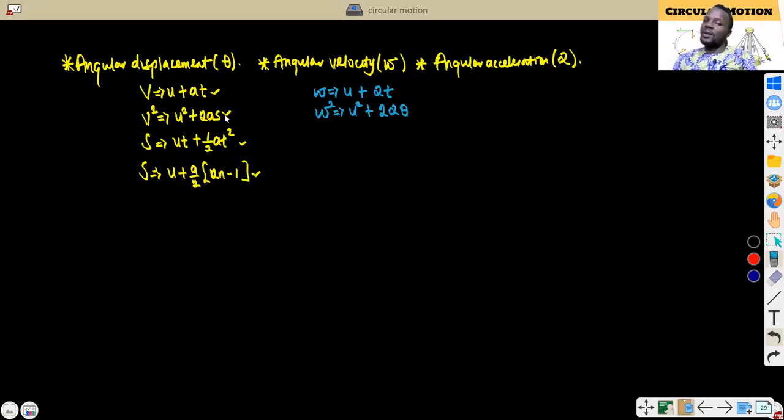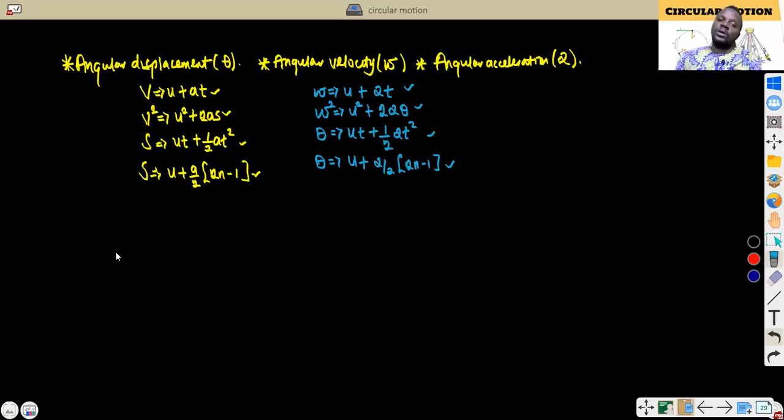What is theta? Angular displacement. So it's just the same formula. Here you can say theta equals ut plus half alpha t squared. And the last one can be theta equals u plus alpha by 2, open bracket 2n minus 1. So these are the equations with respect to linear equations, and you also have to keep them in mind to solve some complex questions that might come in terms of rectilinear equations or accelerated motion when the body is accelerated.